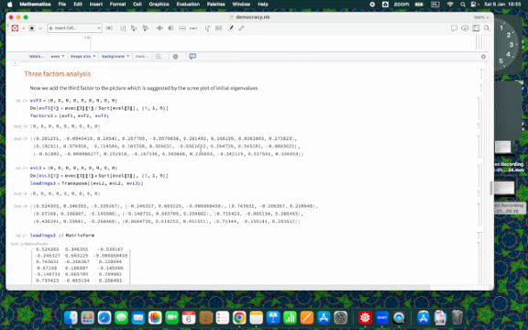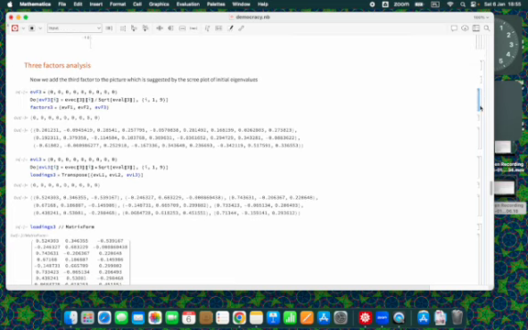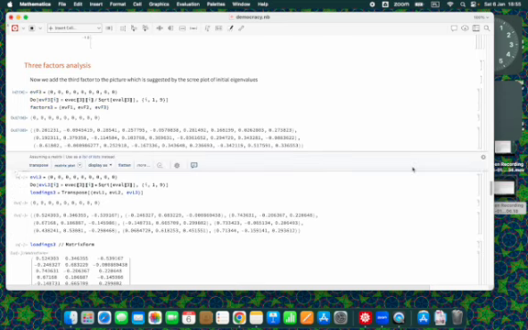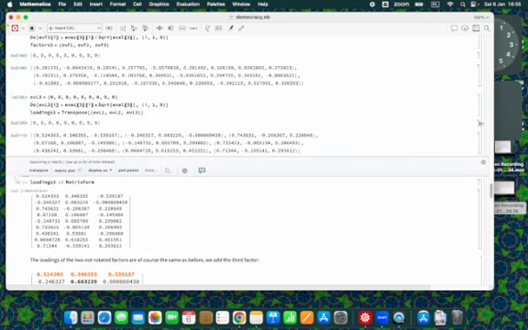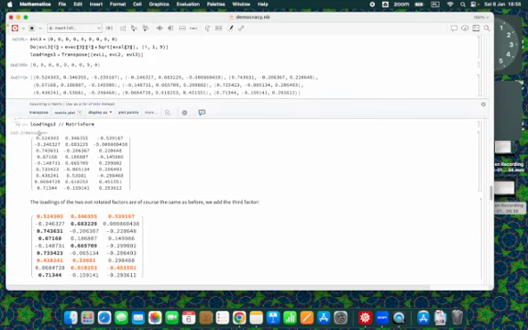So now we pass to three factors, which means that we have to add the third factor to our analysis here, and also calculate the loadings of two factors. And of course, the initial form of those two factors is the same as previously, because they are just eigenvectors multiplied by some coefficients to make those components correlations with variables.